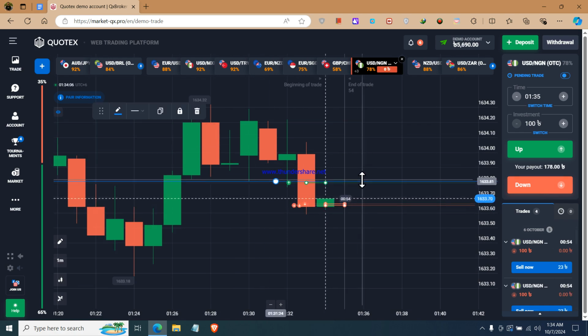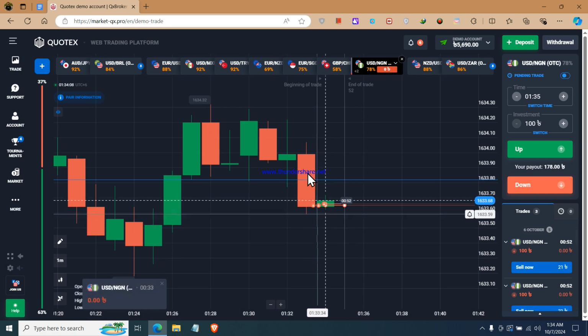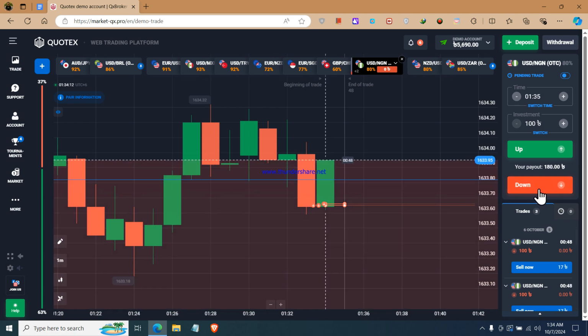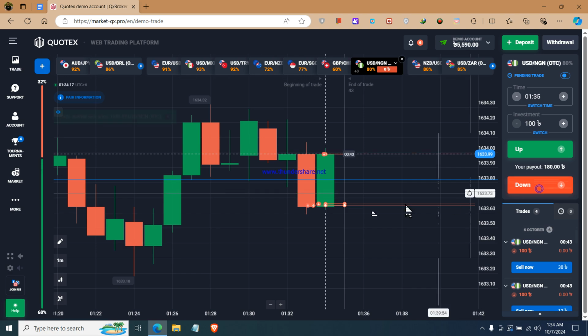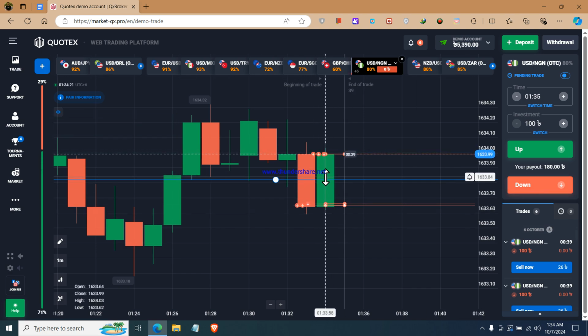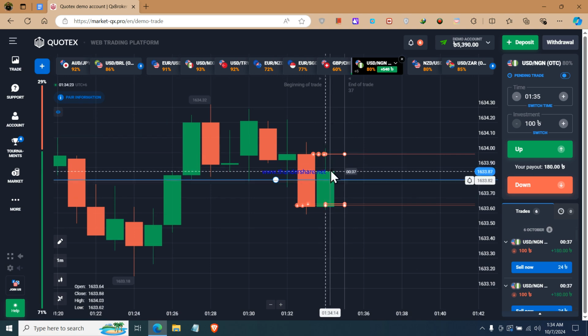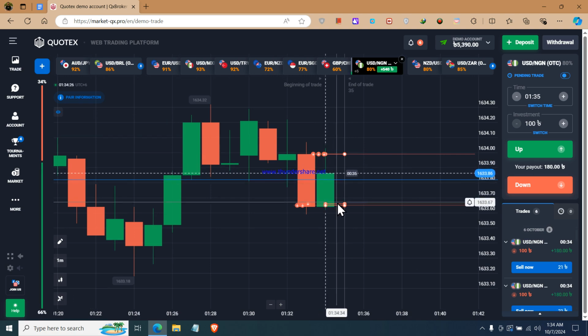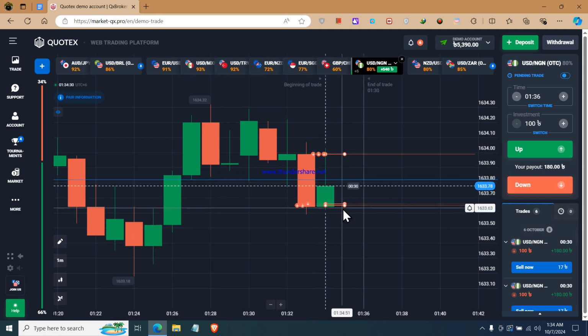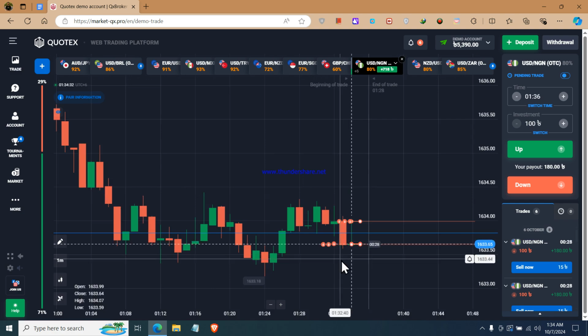I placed my trade for down option because there was no buyer's entry here, okay. The sellers were very strong. If it becomes a green candle, then it shouldn't become a very big green candle, like it's becoming right now. But it's OTC market, right?